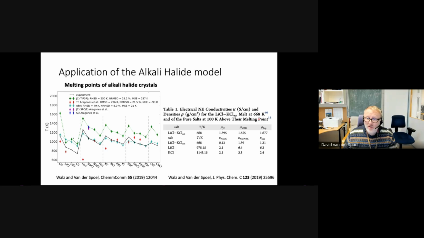And here's some data from another paper where we looked at conductivities. These molten salts are also of interest for battery systems. To model battery systems, the most important property is their conductivity, so how much charge it can transport.